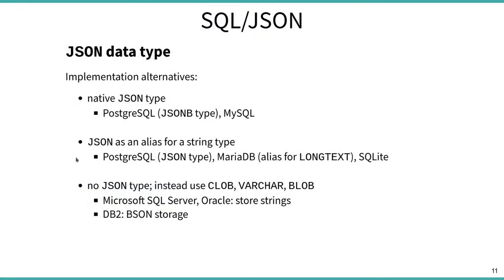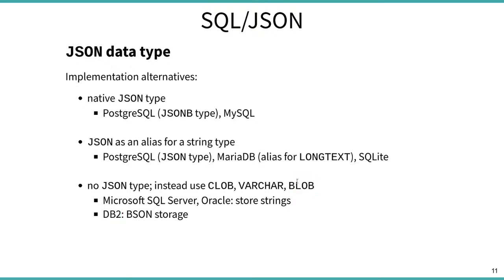And to complete this list of alternatives here are database systems that don't have a JSON type at all, so that you manually need to store your JSON data into a varchar or character large object or binary large object column.